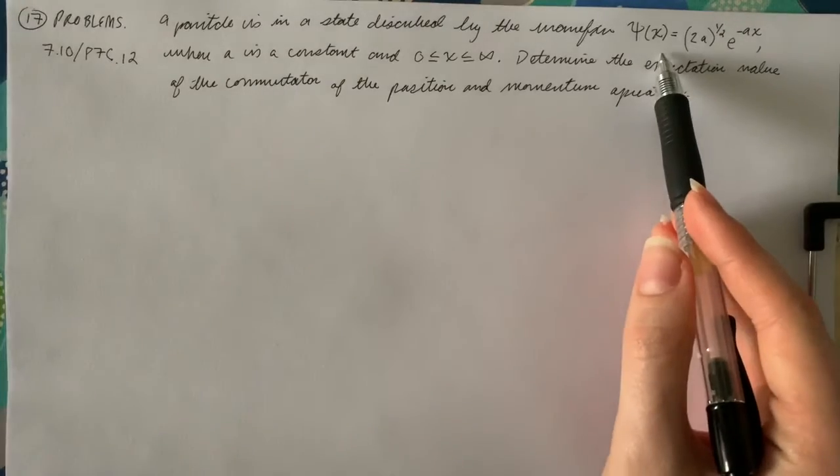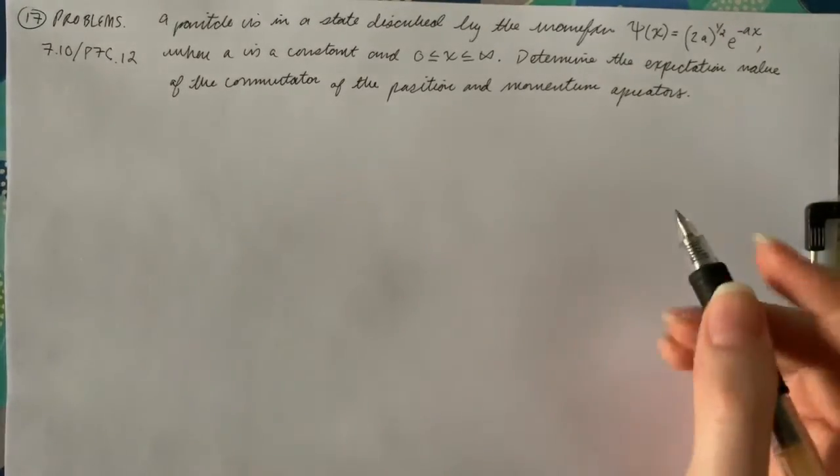And Allison specifically says, don't just use this justification. So I'm going to show you how I would solve a problem like this. And I don't need the specific psi or the specific bounds.